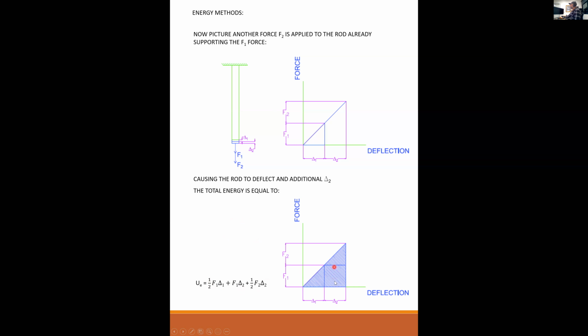So the height is F1, the width is delta 2, and then you have a triangle up here, which is half F2 delta 2. You can see that for the area of this triangle, the height is F2 and the width is delta 2. So this is the total energy stored in the system that is deflecting under F1 and F2.